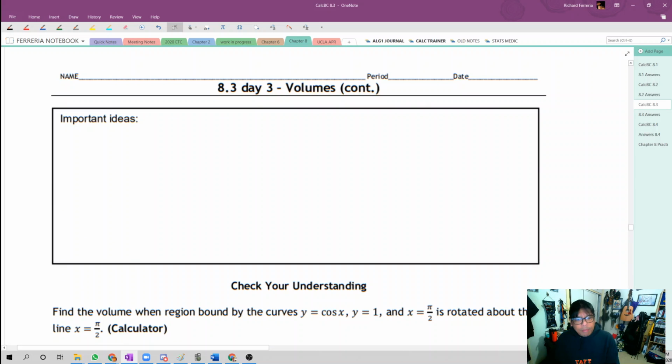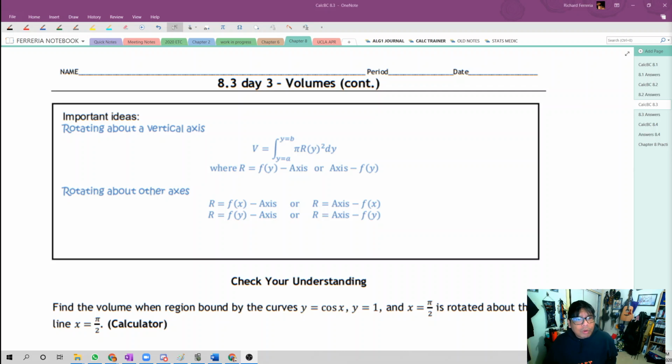So let's go with our important ideas for today. We have, when rotating about a vertical axis, the volume formula is from y minimum to y maximum of pi times the radius squared dy. And the radius in this case is either the function minus the axis or the axis minus the function. Okay.